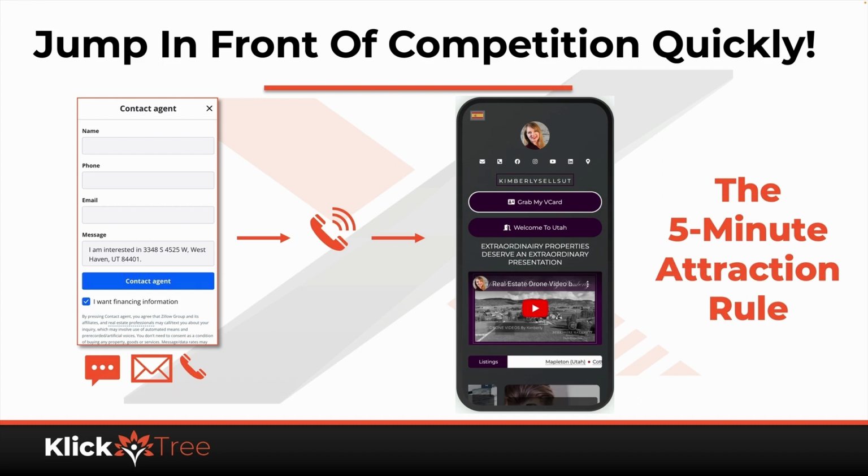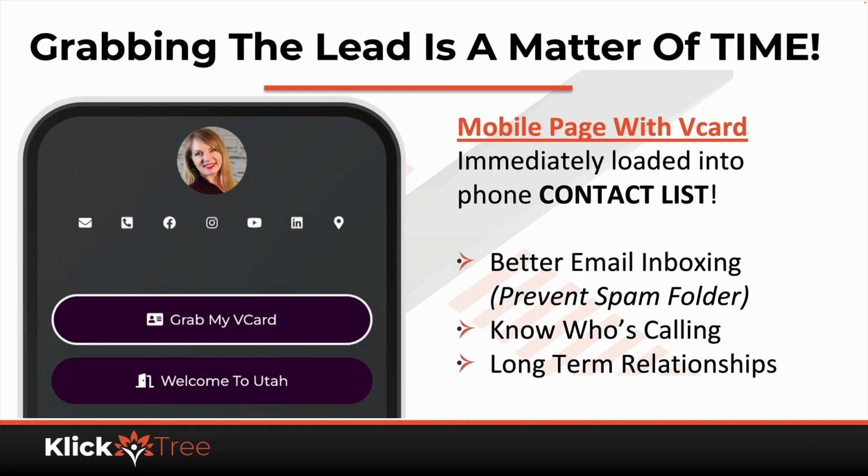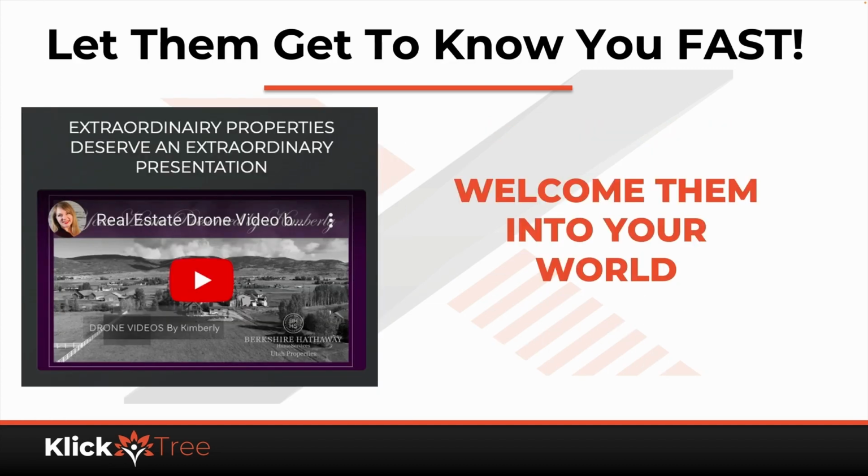So whenever I see a phone number, I don't even pick up. So that's the experience of everyone else. So it's very important that they see a name with the number. All right. The mobile page with the V card is immediately loaded into their phones, into their contact list, which has better inboxing, has caller ID, and builds that relationship fast.